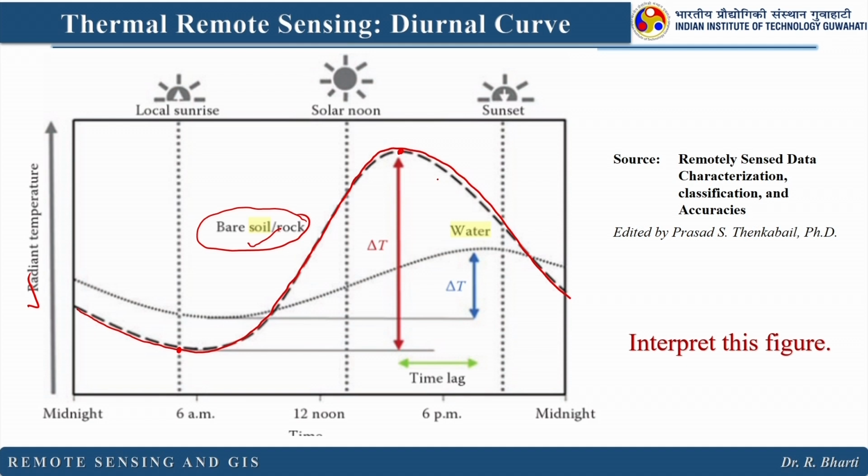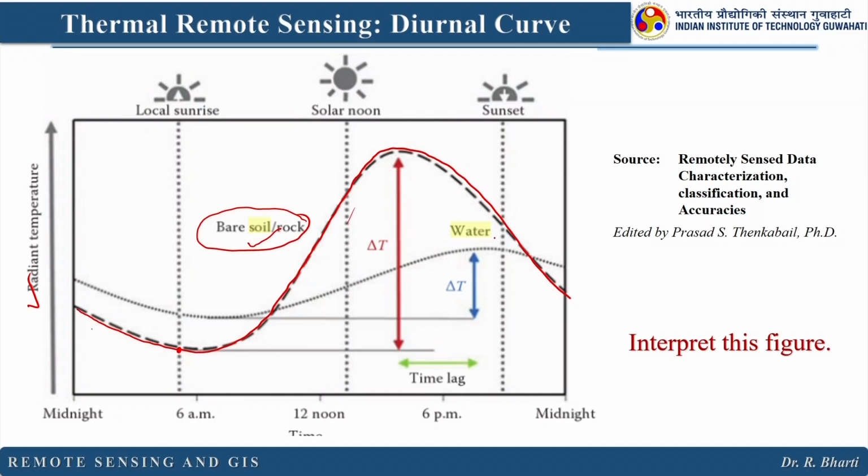But again as the sun is setting, the temperature also goes down, because the source of energy is not available. So if you can monitor this heating and cooling curve for bare rock and soil, that will give you some information about the material composition, right.